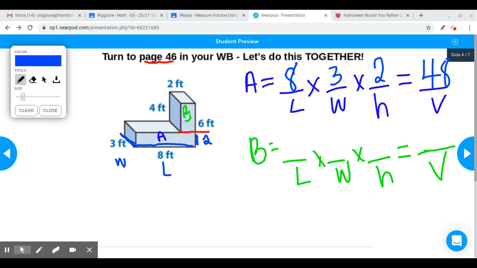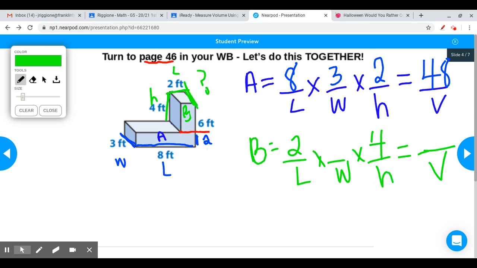Well, now I have to go and do the same thing with prism B. Well, I can see my length is 2. We figured out already that our height of this is 4. The last thing I need to figure out is my width. Well, there's no number there.